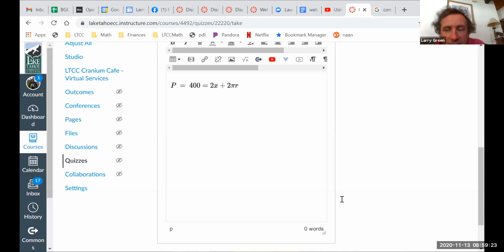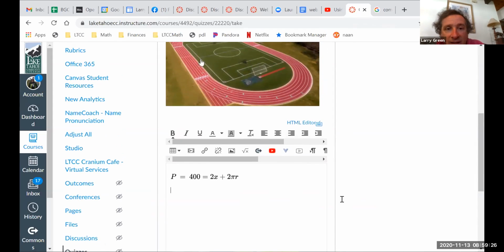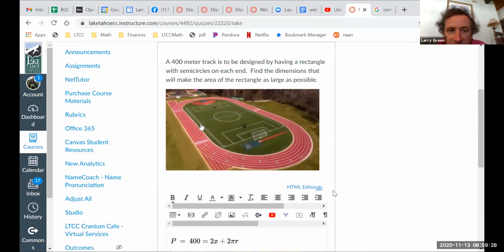Now we're going to look at the area of the rectangle. So we have this rectangle. And how do we find the area of a rectangle? It's the base times the height. And what is the base and what is the height of this rectangle?